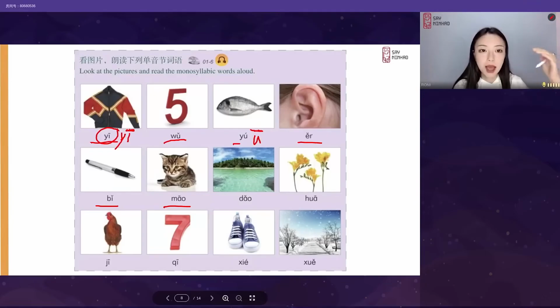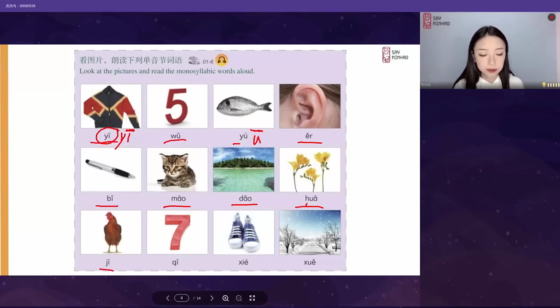Mao. Next one is dao. Initial d, final ao, and the tone is the third tone, dao, which means island. Next one is hua. The initial is h, and the final is ua, and the tone is first tone. That is hua, flower.